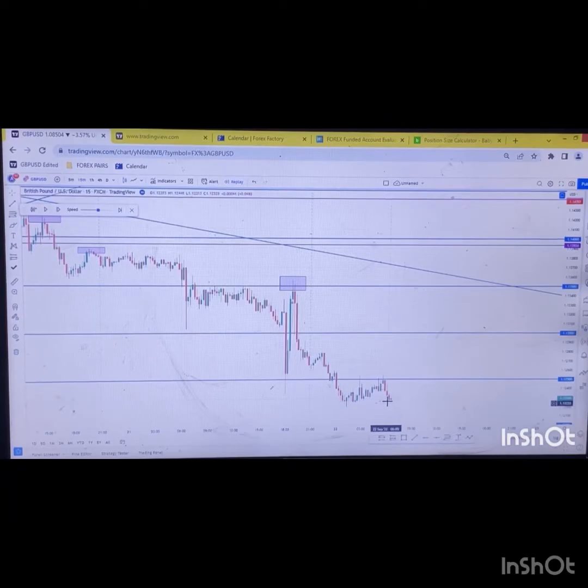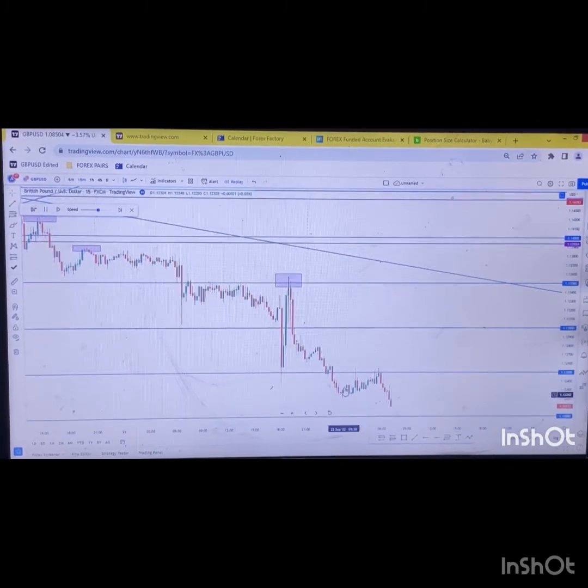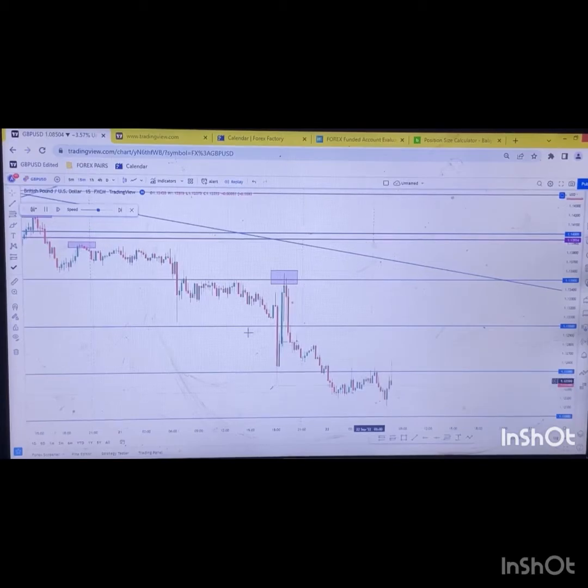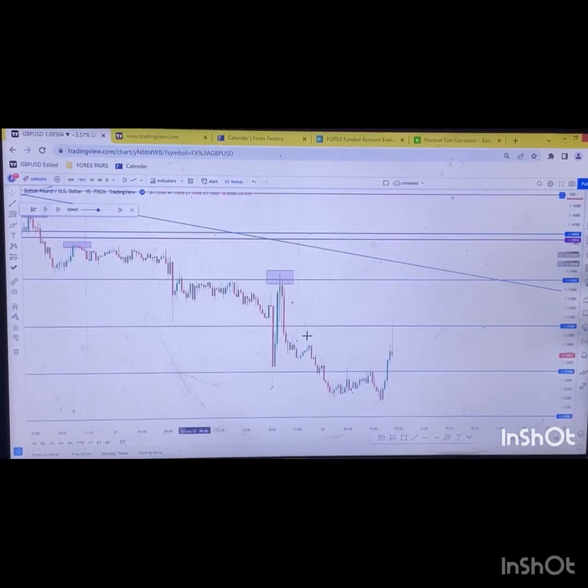Now at about 8 a.m. this was the move. So I saw this buy, yes. Now you see this buy. I saw this buy here.